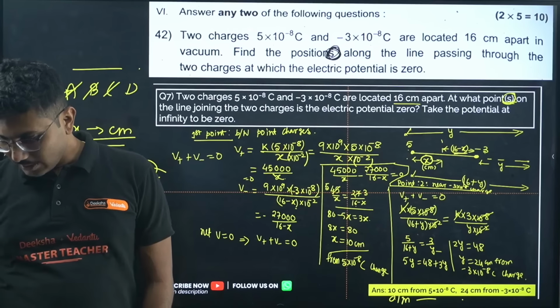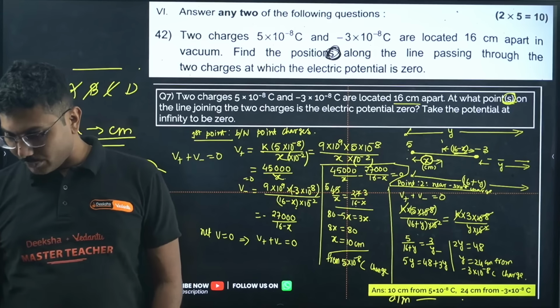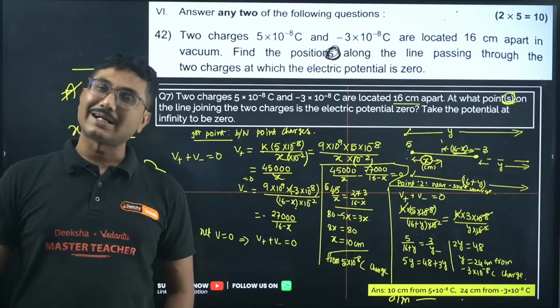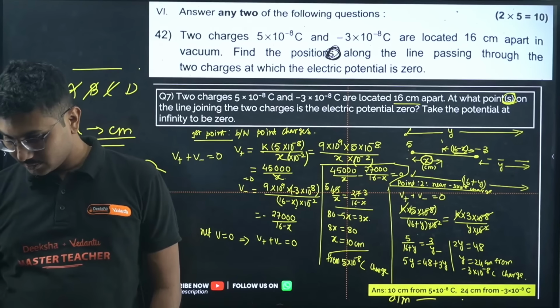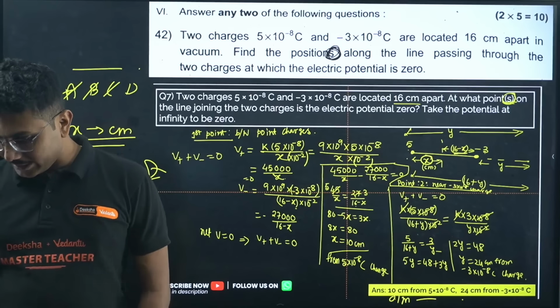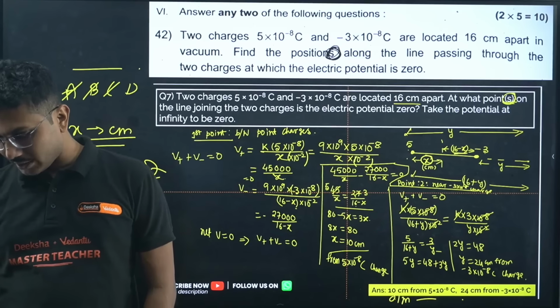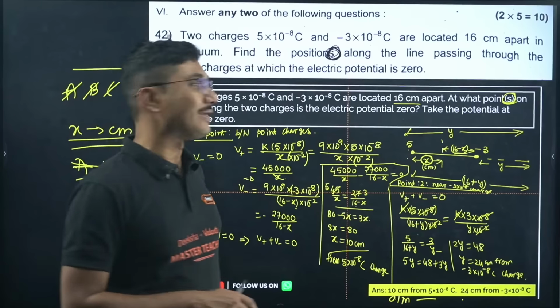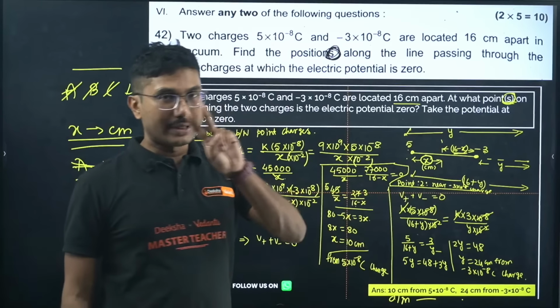Atharv, sir, I wrote the formula in numerical, will they give marks? Viraj, maximum 1 mark. X and Y I found, sir, but I made a substitution mistake in the other chart in both cases. How much mark do you get? If you have made a mistake in both cases, you will get 2 marks.